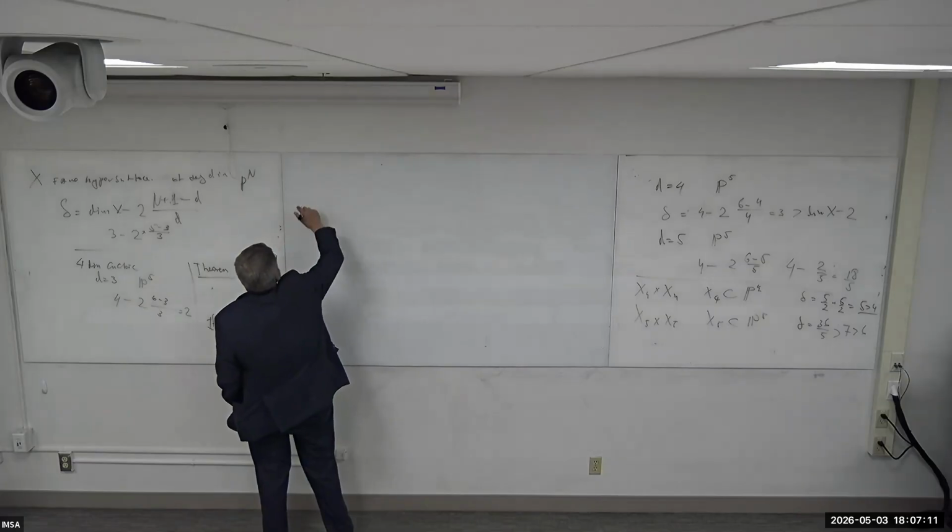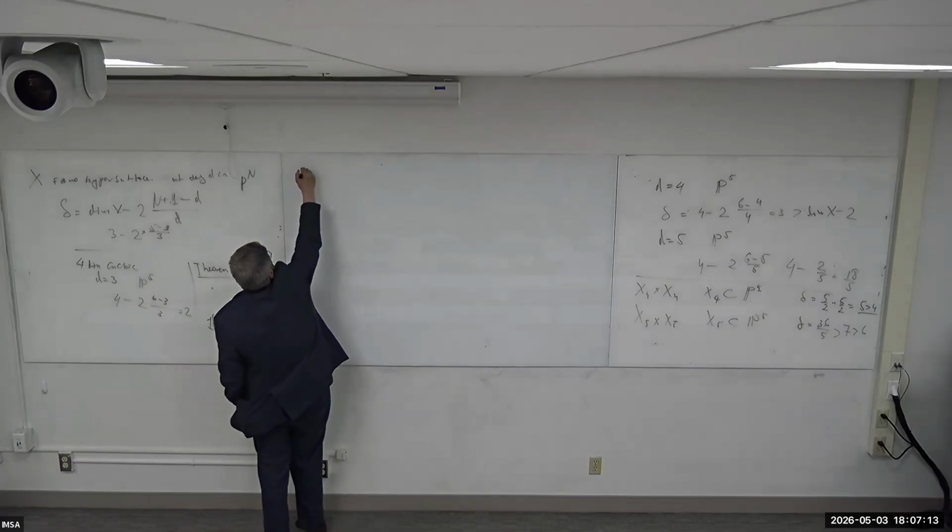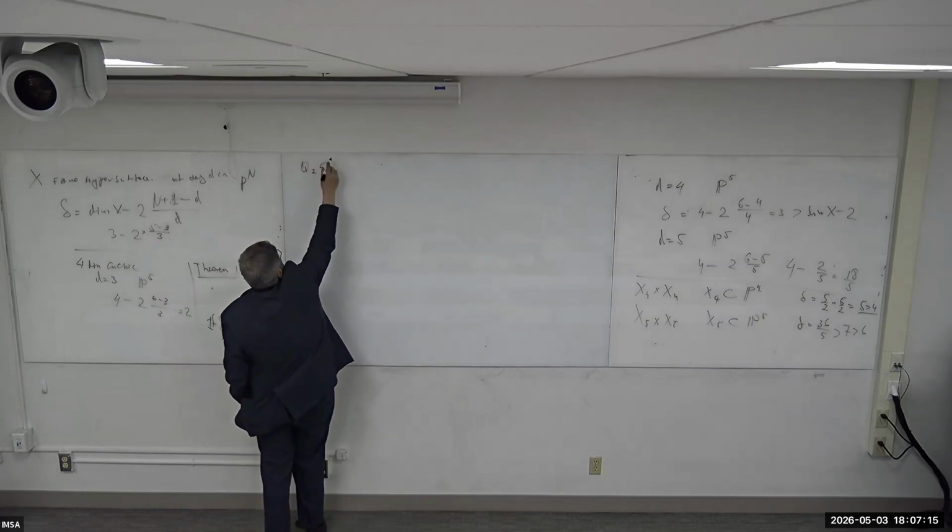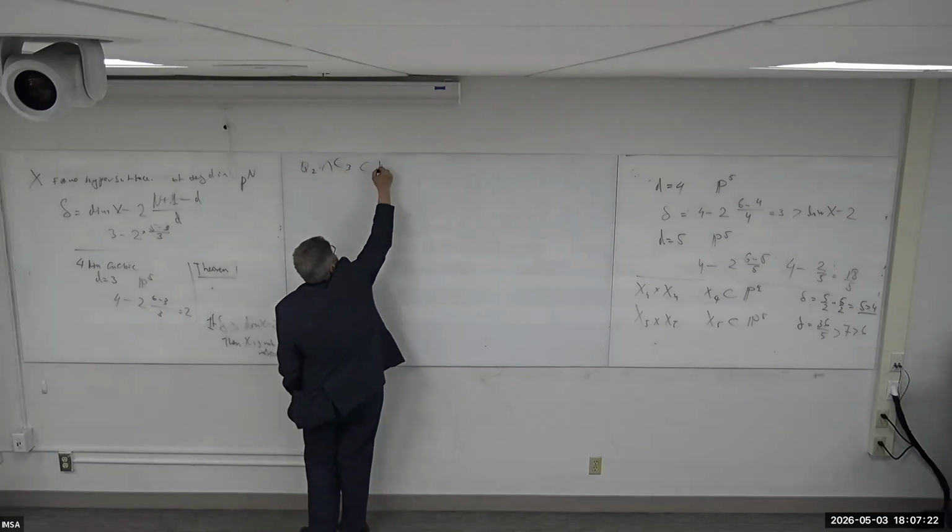In any case, let's consider the intersection of a quadric and a cubic in P7.